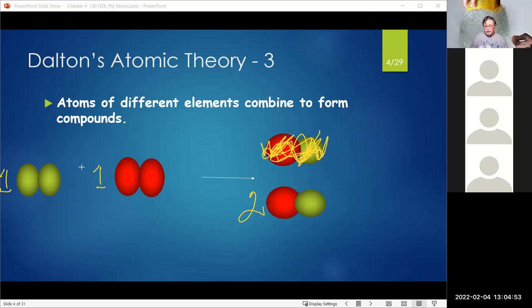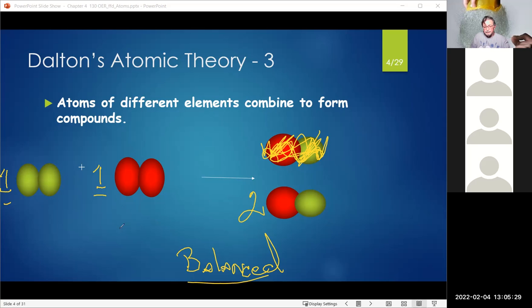And I have a balanced equation here, whatever this may be. 1 molecule of green plus 1 molecule of red, whatever it is, will give me 2 molecules of this red-green compound. These coefficients, like I said, when there's no coefficient in front of it, it's understood to be a 1, give me a ratio.